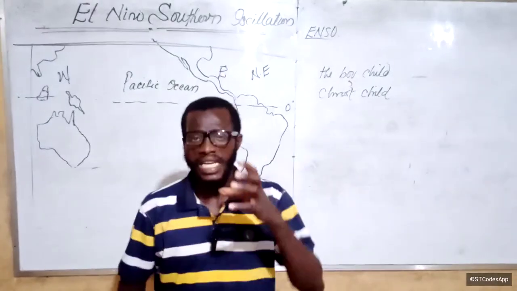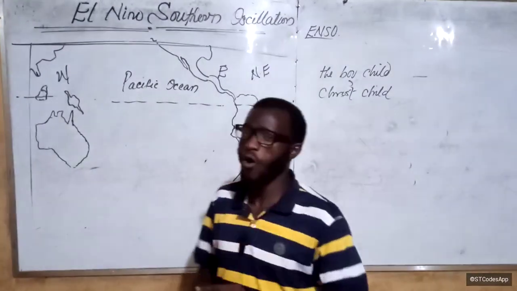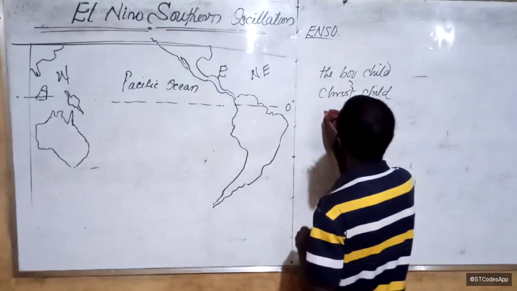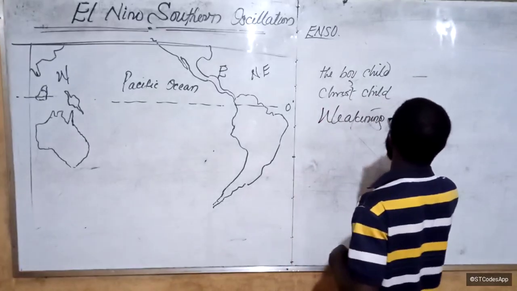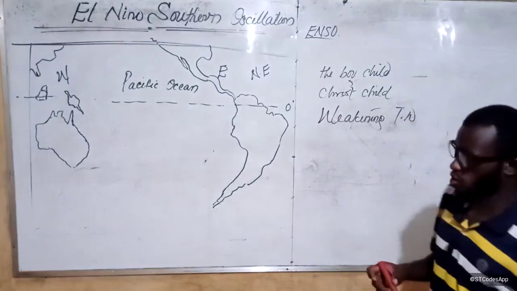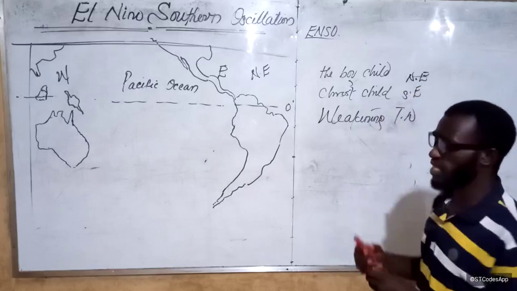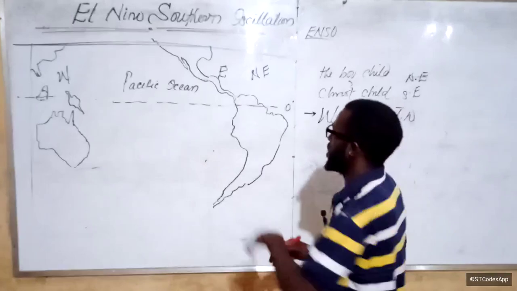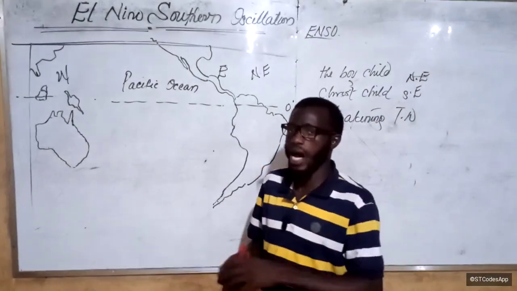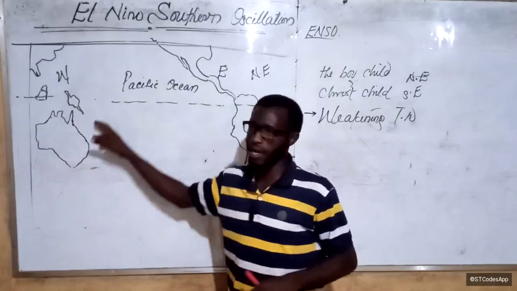Now, in El Nino, what happens? El Nino is a phenomenon that occurs due to, number one, the weakening of trade winds. Both the northern easterlies and the southern easterlies weaken. When they weaken, there is not much force for them to push warm water in this direction.